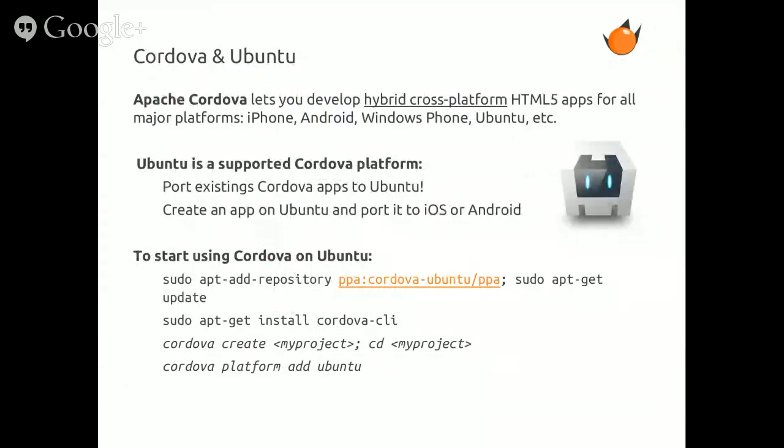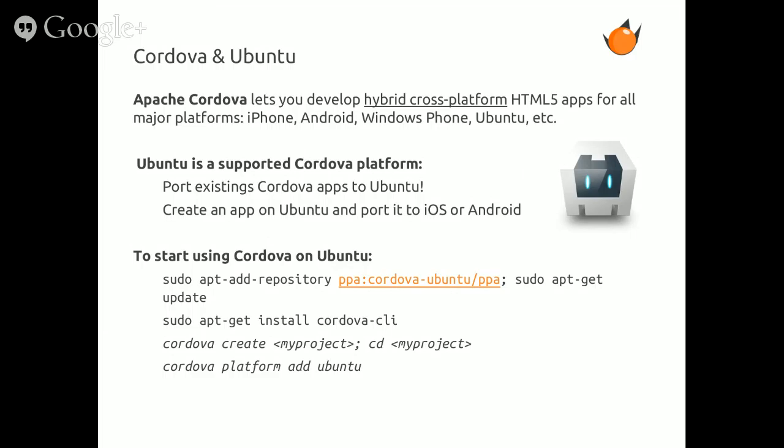So what's Apache Cordova? Apache Cordova is a hybrid cross-platform tool which allows to make HTML5 apps for iPhone, for Android, for Windows Phone, and for Ubuntu. It's a set of APIs which allows to access native devices like the camera or the accelerometer.